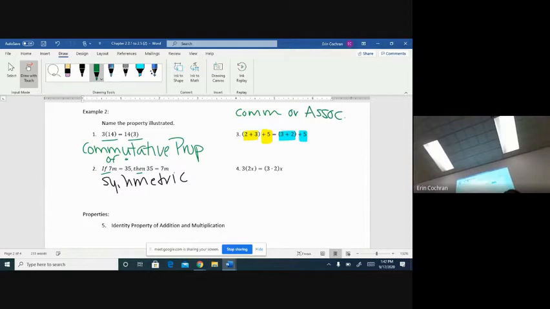Now, remember, the commutative property takes two numbers and we add them in any order, right? Associative takes three numbers and switches the order of all three of them, correct? Now, if I look at the parenthesis, I'm taking 2 plus 3 the first time. The second time, I'm just taking 3 plus 2. So am I adding the same two numbers first?